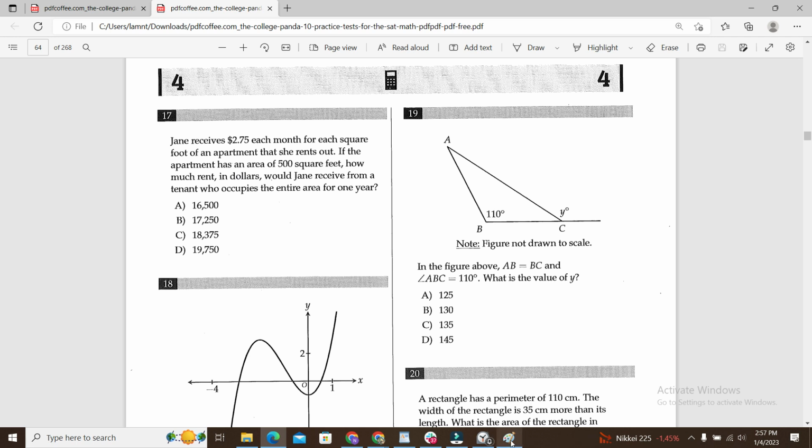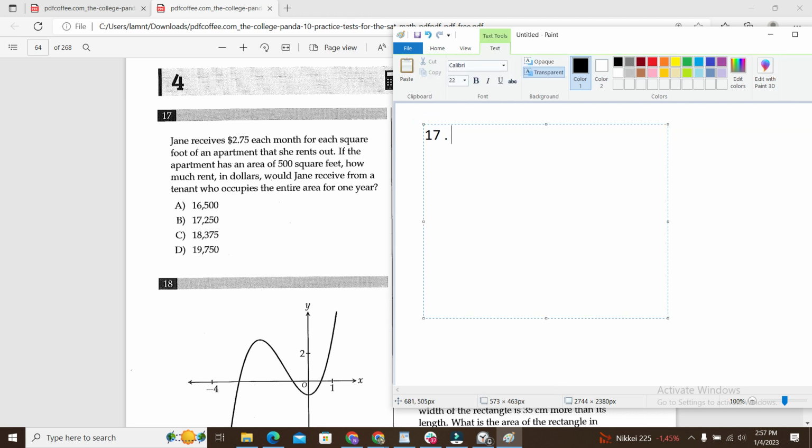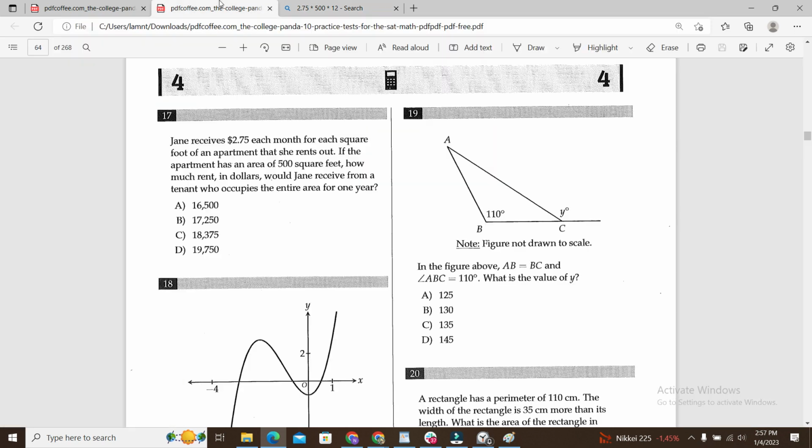So for 17, for each month, she received 2.75 per square foot, and the apartment is 500 square feet, and also we have 12 months in a year, so the total is going to turn out to be 16,500.